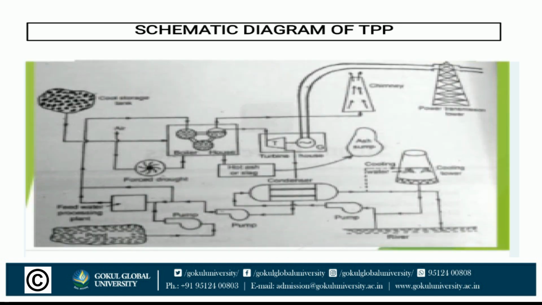Coal received in the coal storage yard of the power station is transferred to the furnace by the coal handling plant. After necessary preparation, the coal from the coal handling plant is taken into the boiler bunkers by means of bucket conveyors. Then the coal is stored in the bunkers.